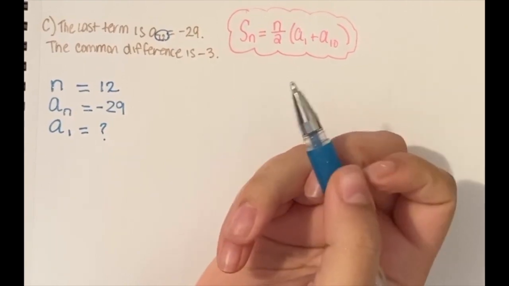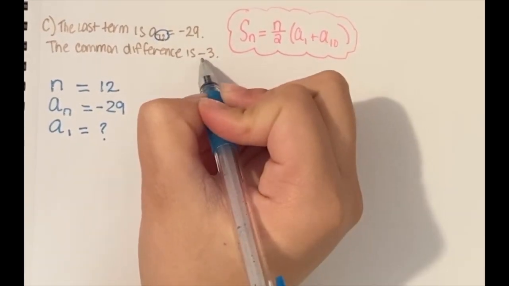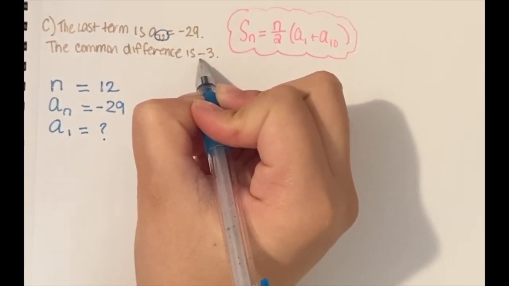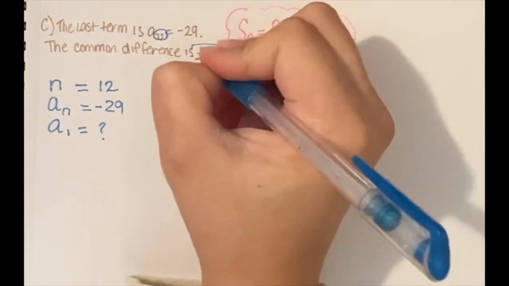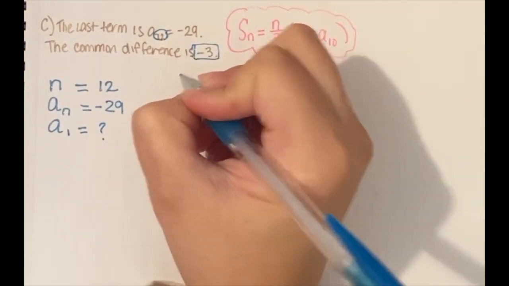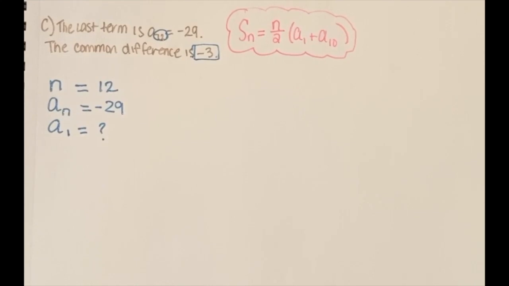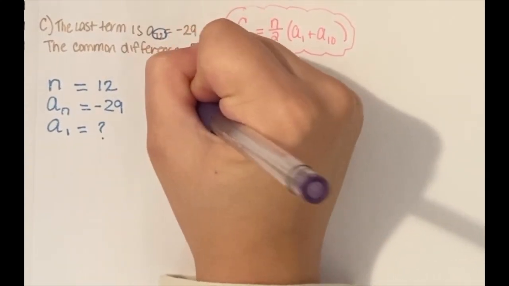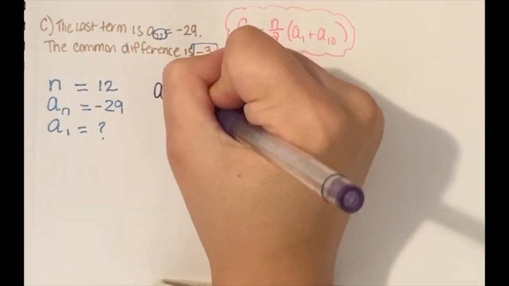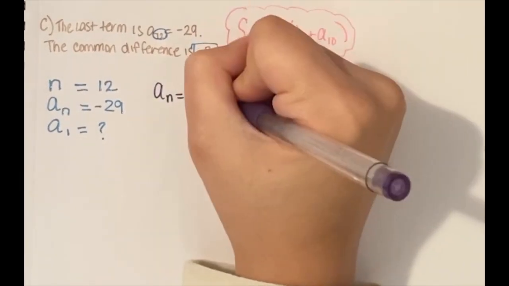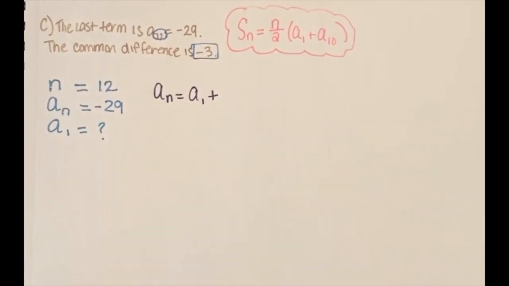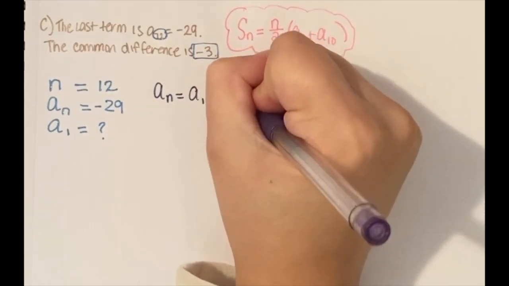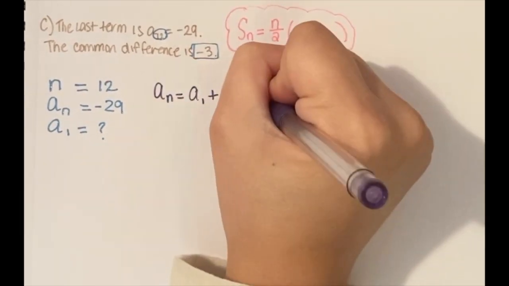But again, just like in the previous question, they gave us the common difference. So we are going back to our same explicit formula that was to find any term. You take the first term and you add it to the difference times n minus 1.